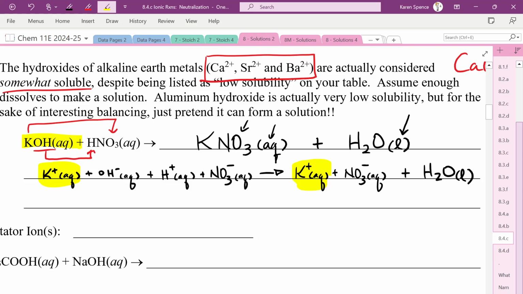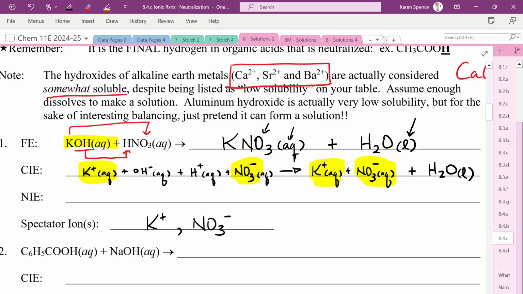And if you were away yesterday, we call them spectator ions because although they are present, they don't participate, just like spectators at a sporting event, okay? So we have K plus, and who else does not participate in the reaction? NO3. So those are our spectator ions. And so we have K plus and NO3 minus.